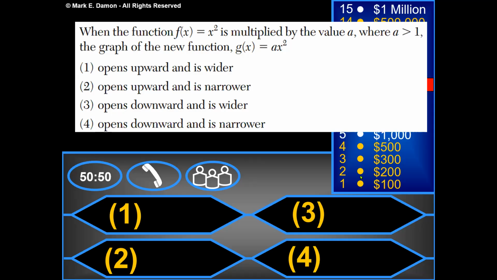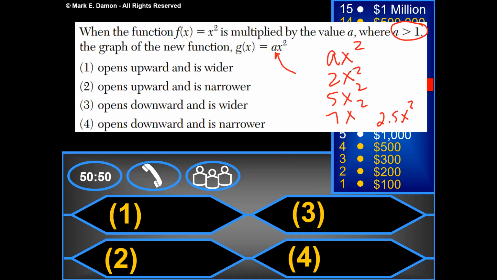All right, let's talk about this here. It's telling you that this variable A is going to be your new leading coefficient. So I have something here, and A has to be any number that's greater than 1. So it could be 2x squared, 5x squared, 7x squared, 2.5x squared, it doesn't matter.